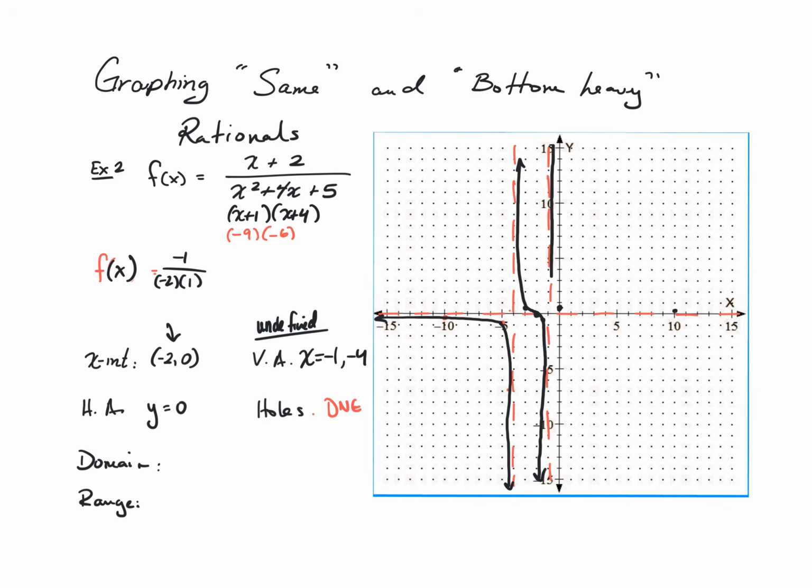If I plug in negative 1/2, then I get 1.5 divided by 0.5 times 3.5, and I just want to show here that it's going to be a positive value, and because it's going to be a positive value, it's going to head up. Okay, on to the next problem.